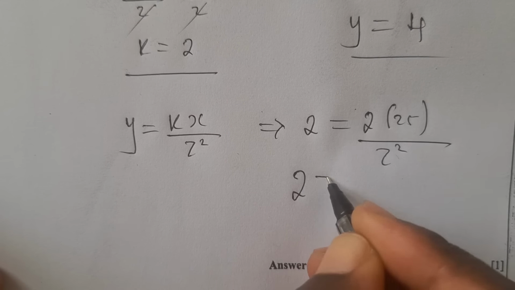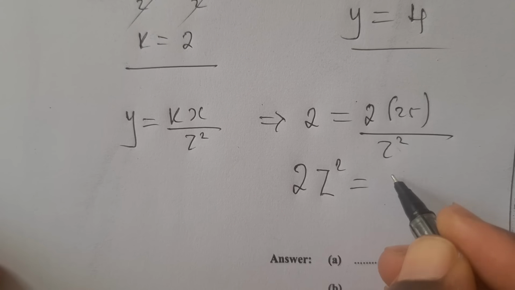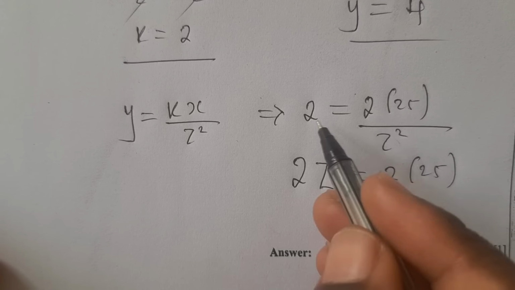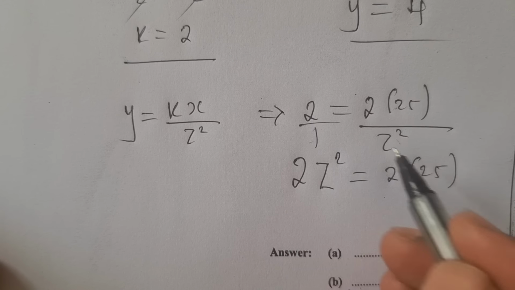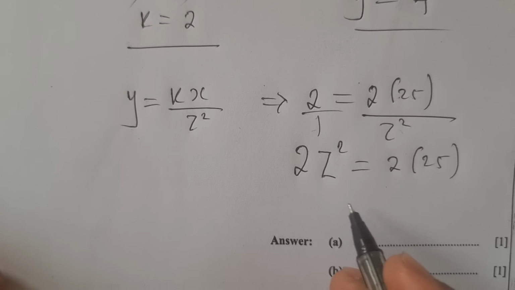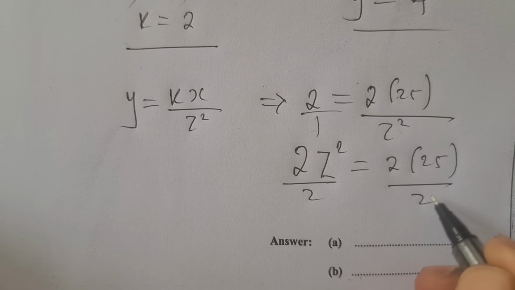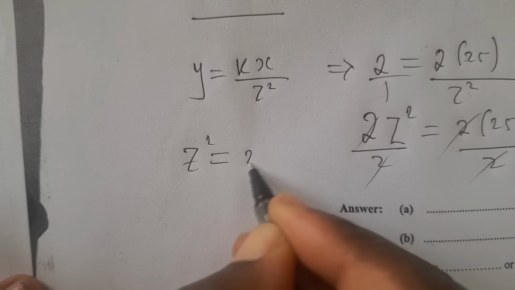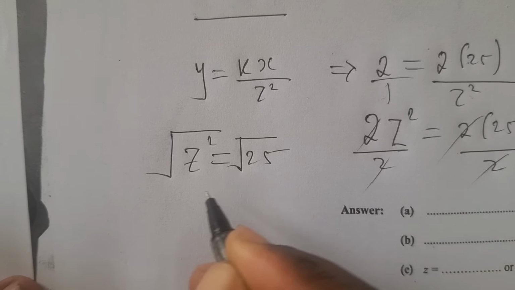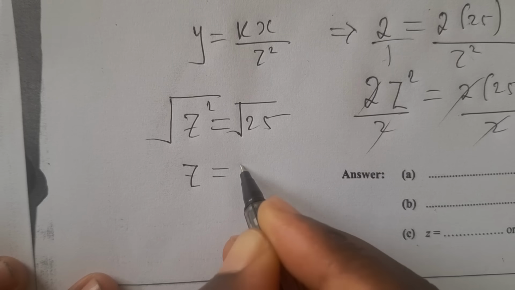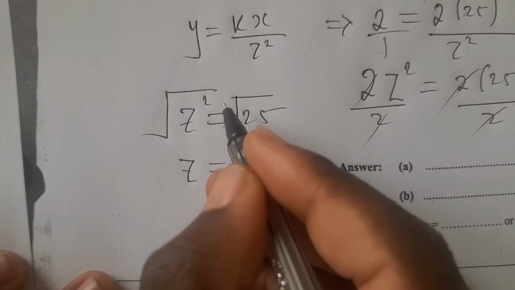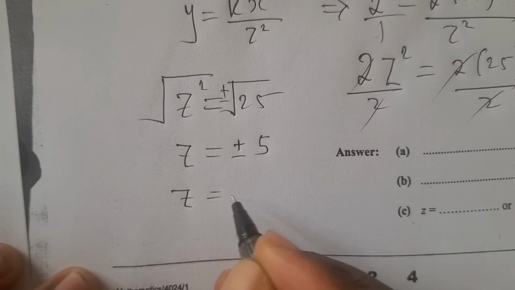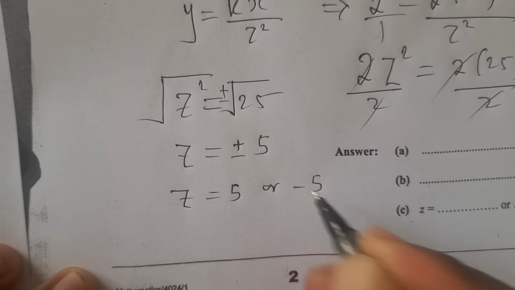So this will be 2z squared is equal to 2 times 25. I've just cross multiplied. We have a 2 here, so divide by 2 both sides, and we remain with z squared is equal to 25. Find the square root, so z will be equal to negative or positive 5.